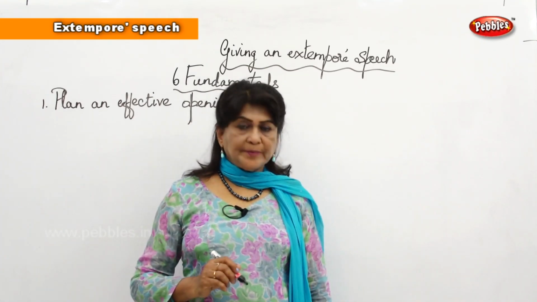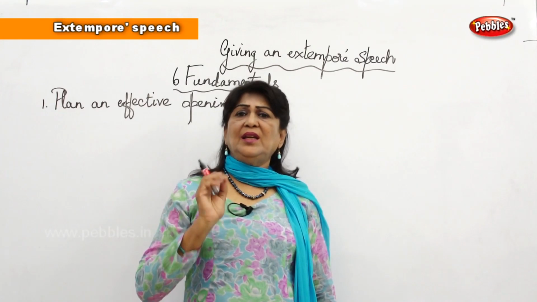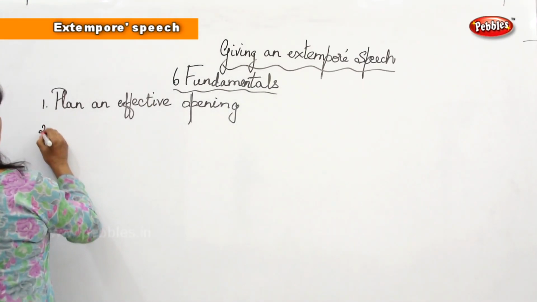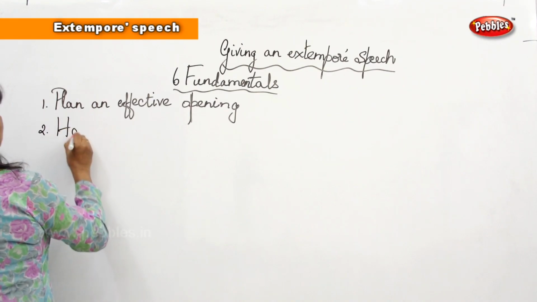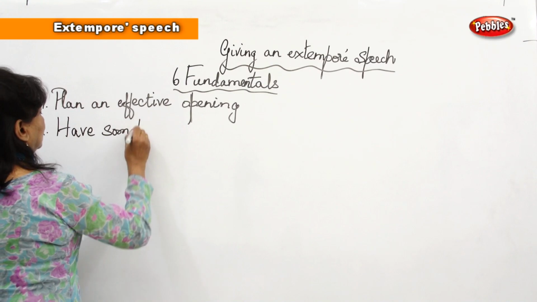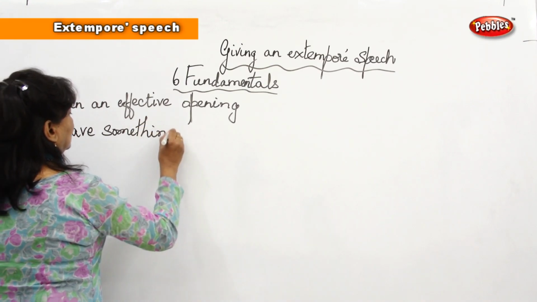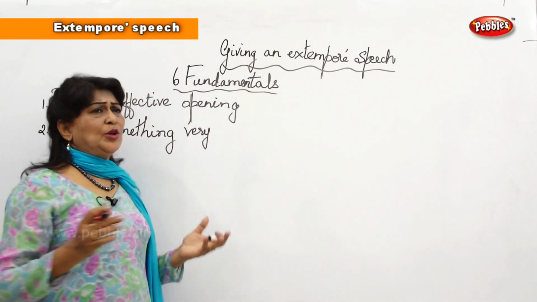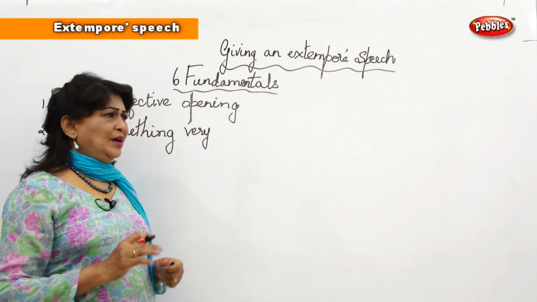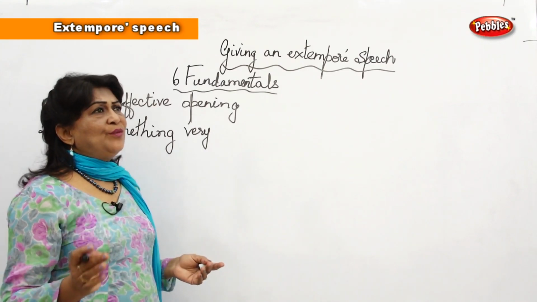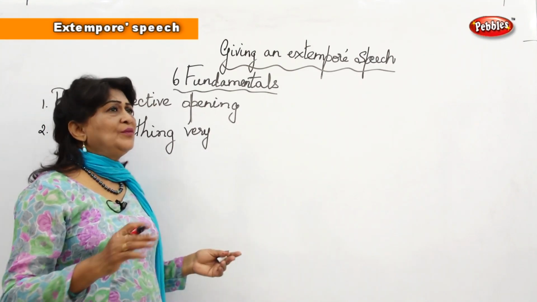Next point is, have something interesting to say. Okay. Have something interesting. Do not choose some topic, like for example rainwater harvesting, where we will just think, okay, you have to save water, you have to do this, you have to do that.